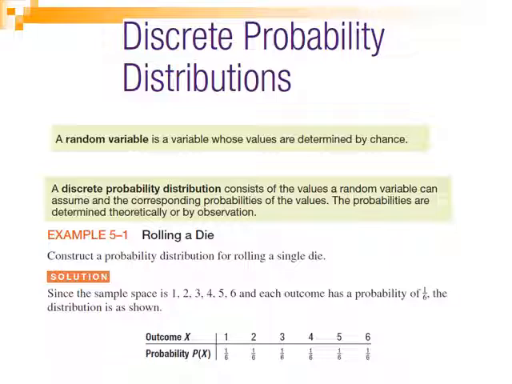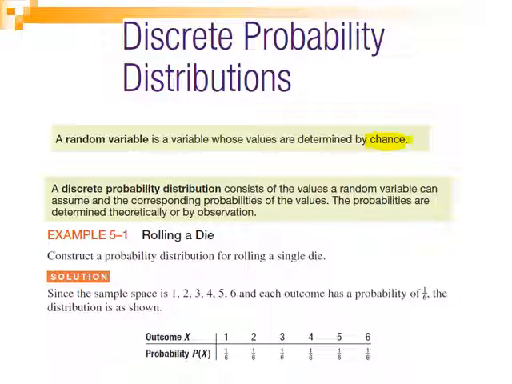Before we go to the probability distribution calculations, rules and requirements, we should know the term random variable. What does a random variable refer to? A random variable is a variable whose values are determined by chance, and we say chance because it is important for us that it not be predetermined by anyone.